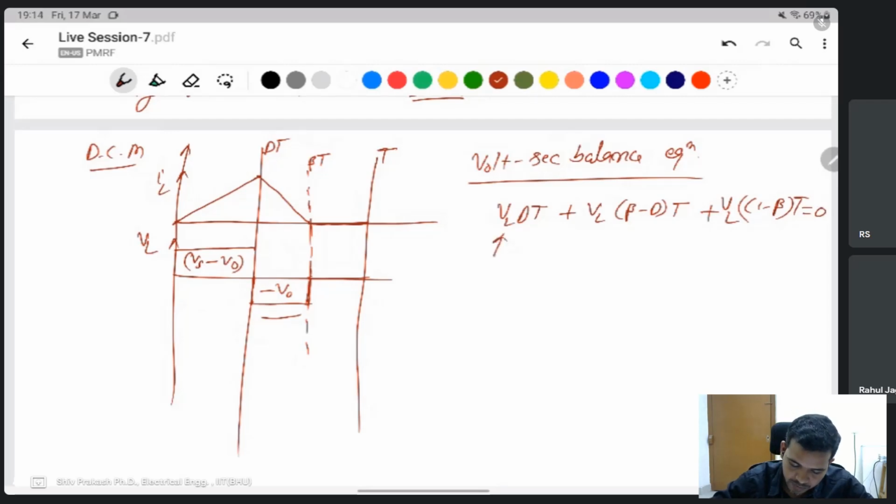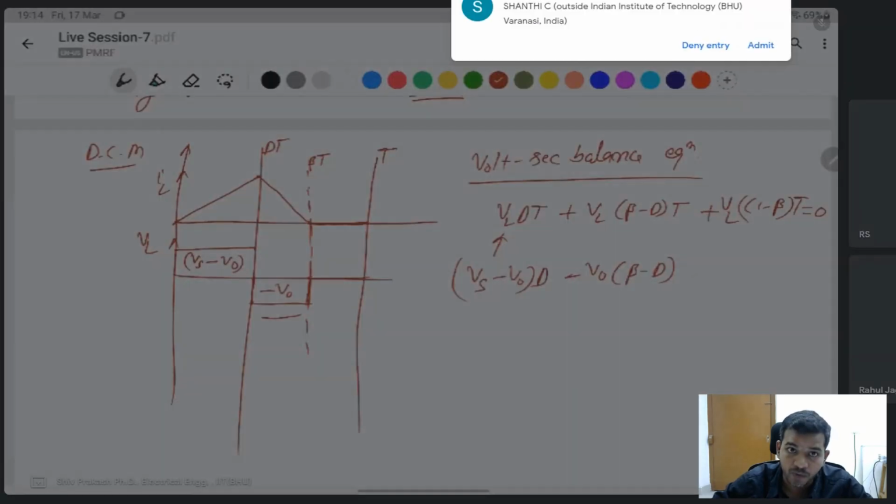This VL, when the switch is on, is Vs minus V0 times D, and T cancels out everywhere. When the switch is off, only V0 appears, with a negative sign, for the duration beta minus D, and in the remaining time the inductor voltage is 0.